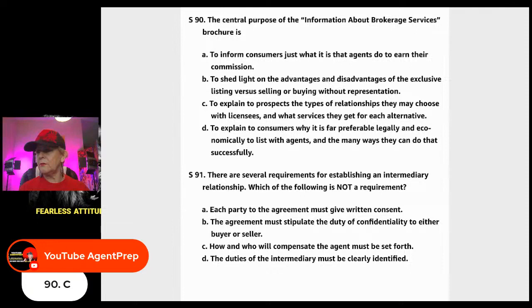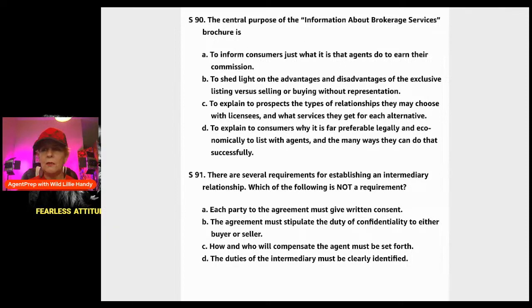So we had a B, and what else? No. B is to shed light on the advantages and disadvantages of the exclusive listing. No, it has nothing to do with the exclusive listing. It explains the differences between a broker, buyer agent, and a listing agent, and the intermediary, because we're in Texas, right?